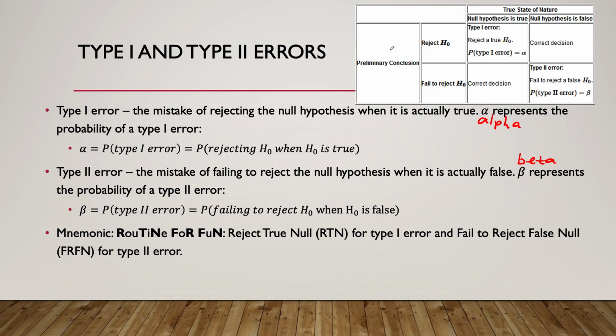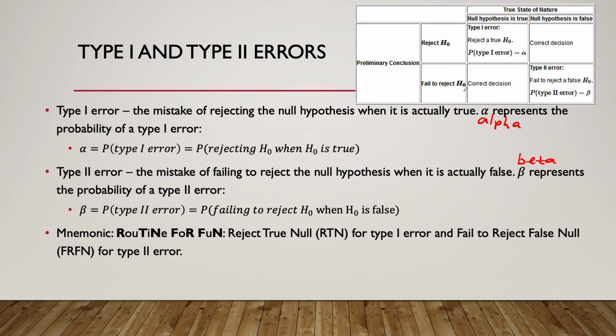So the preliminary conclusion is we reject the null hypothesis. The type 1 error, though, is when we reject a true null hypothesis. So the probability of type 1 error is alpha, and that's when the null hypothesis here is indeed true. If the null hypothesis is false, that's a correct decision.